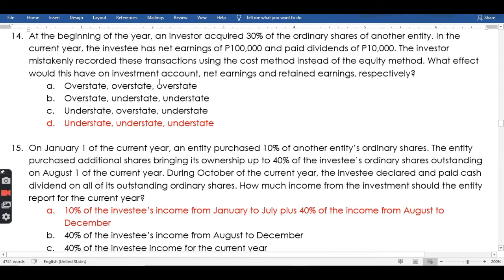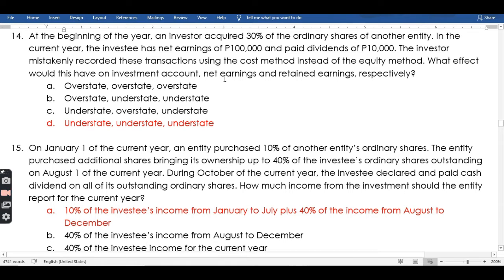So, una, yung investment account natin, ang mangyayari dyan, understated na yan. Bakit siya understated? Kasi hindi mo ni-recognize yung 30% dito eh. Diba? Kung kunin mo yung 30% nito, dapat 30,000 sana yung increase, tapos minus 10. So, ang labas ngayon dyan, dapat may 20,000 increase yung ating investment. Pero dahil hindi ka gumamit ng equity method, understated yun.